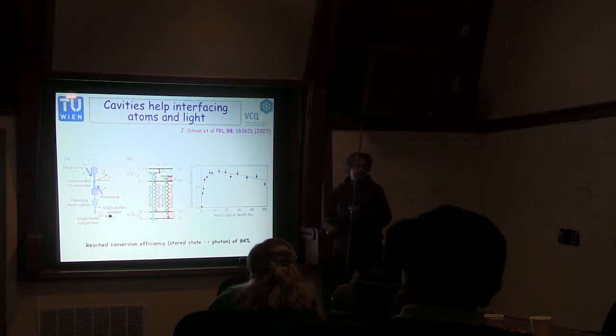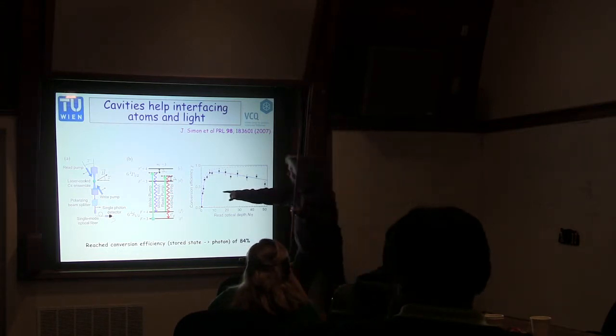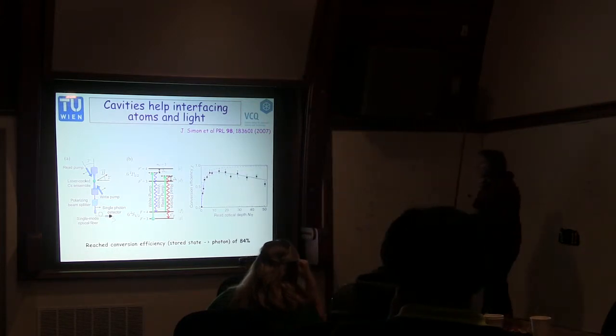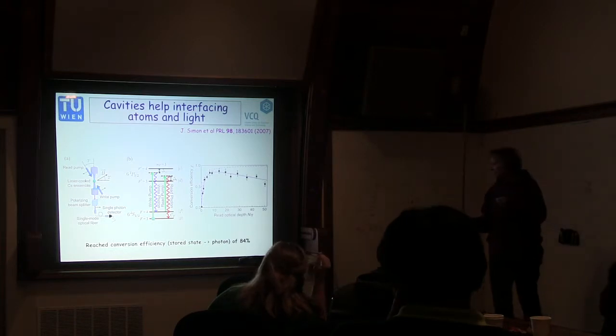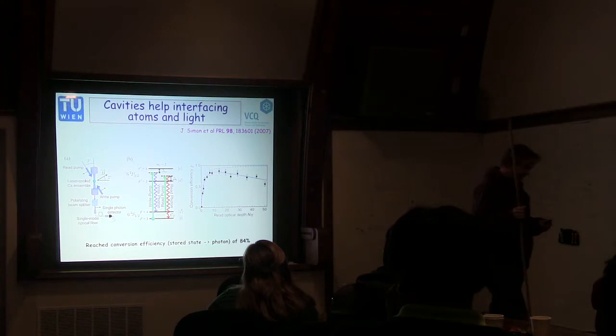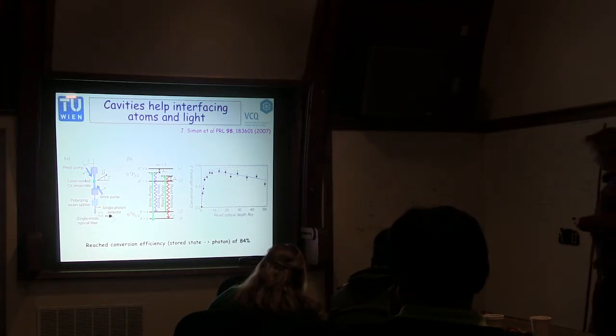First they thought, okay, if you take a simple two-level system, these would be the curves you would expect. With an optical depth of something like 50, since including the cavity helps you get a very high optical depth, you should get nearly perfect readout and write efficiencies, and in the end they never measured that.